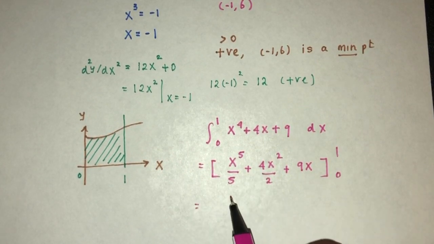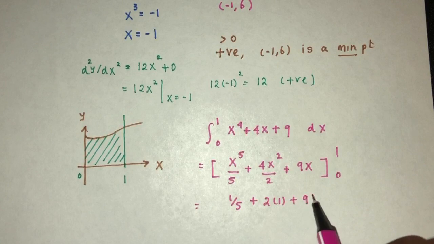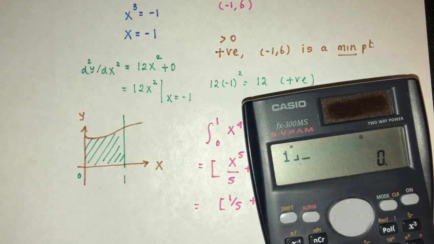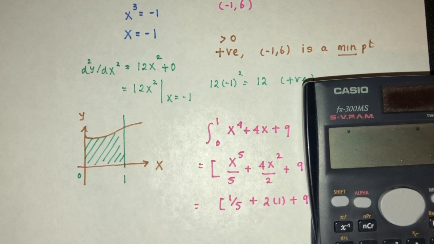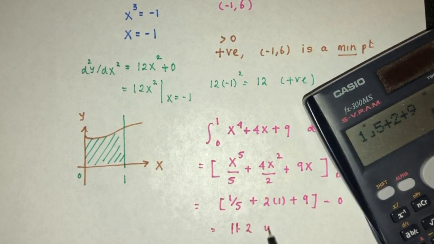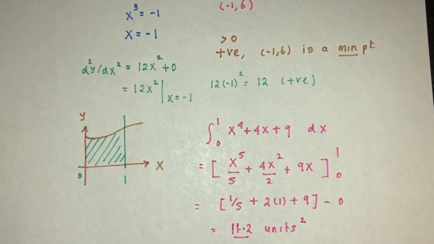So replace, you will have 1 over 5 plus 2 times 1 plus 9 and then minus 0. 1 over 5 plus 2 plus 9. That should be 11.2 units squared for your area on the graph, or area enclosed by those curves and lines.